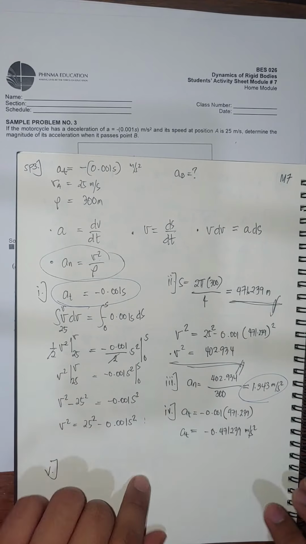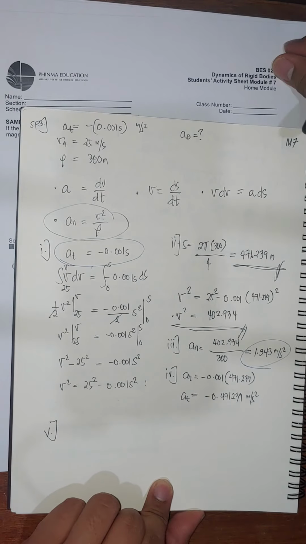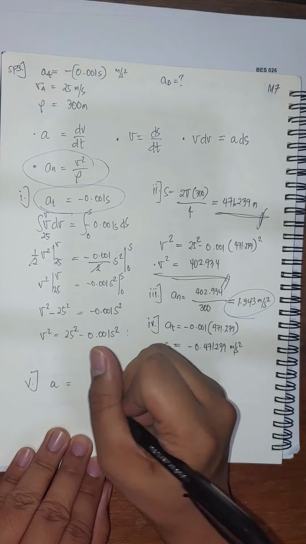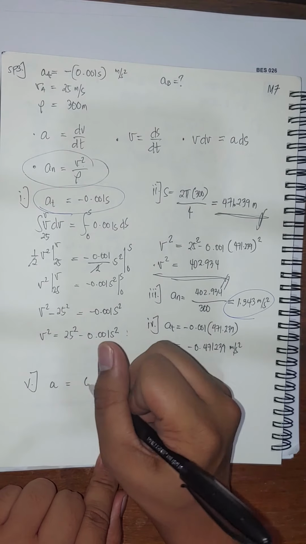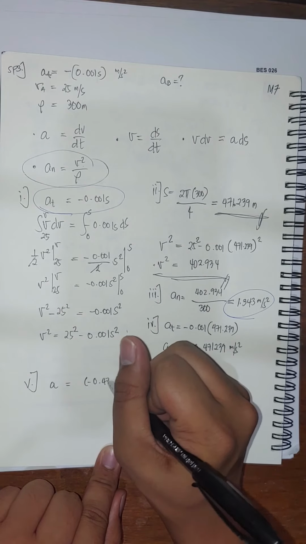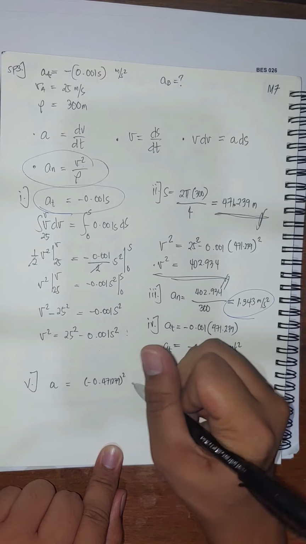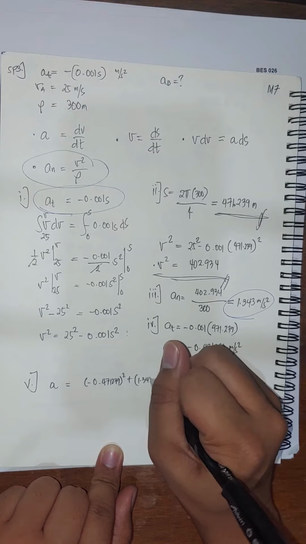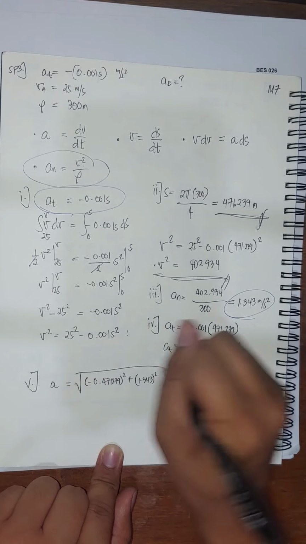Finally, we can solve for the magnitude of the acceleration. The magnitude of the acceleration is the square root of the tangential acceleration squared, negative 0.471239 squared, plus the normal acceleration squared, 1.343 squared.